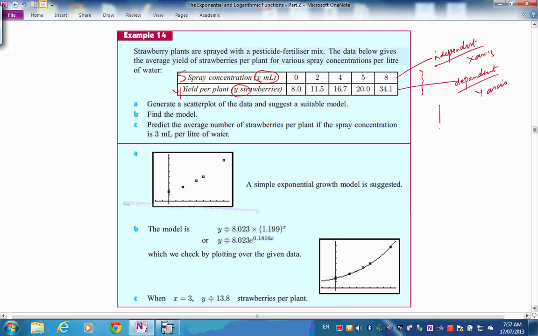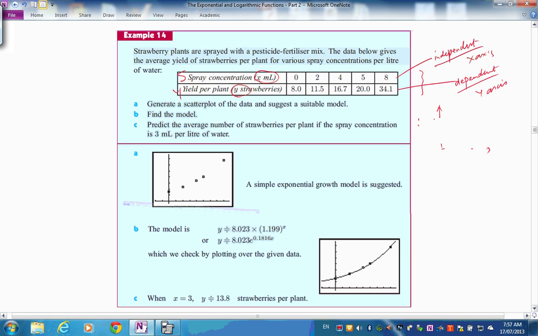But I still would rather see it as yield. Confusing there though, that becomes y, doesn't it, if you look at the letter, and the spray concentration in millilitres per litre of water, and the yield is in just numbers of strawberries. So, oops, I've done it the wrong way around. Okay, let's get that right.